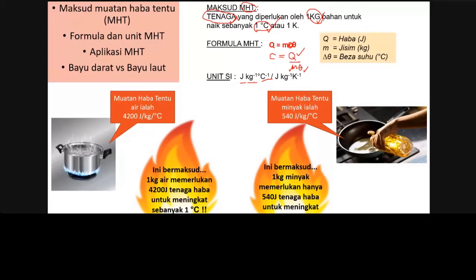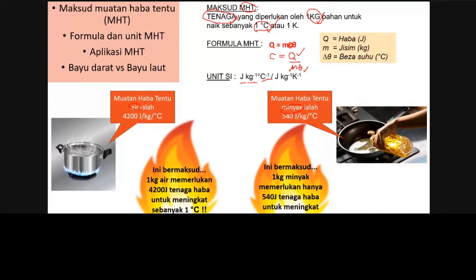Okay. Kalau you tengok macam ni, I'll show you these two je lah. Okay, one we have water, air. If you compare to oil, minyak. The specific heat capacity for water is 4,200. Besar kan? Banding dengan minyak. Okay, apa maksud 4,200 ni? Apa maksud 540 ni? Okay, kita tengok air. The 4,200 joules is used to increase by 1 Celsius. Yes, that's right.